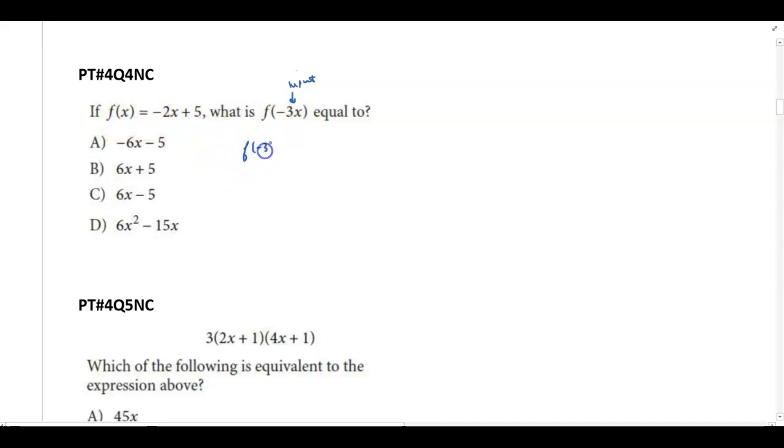So f of negative 3x is equal to negative 2 times, replacing this x value with negative 3x, and then I have my plus 5. When I multiply negative 2 times negative 3x, negative 2 times negative 3 is 6x, then plus 5. So f of negative 3x equals 6x plus 5.